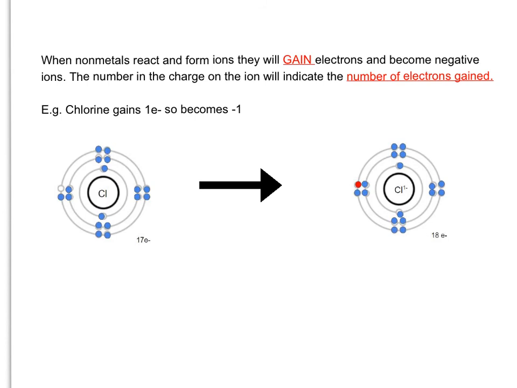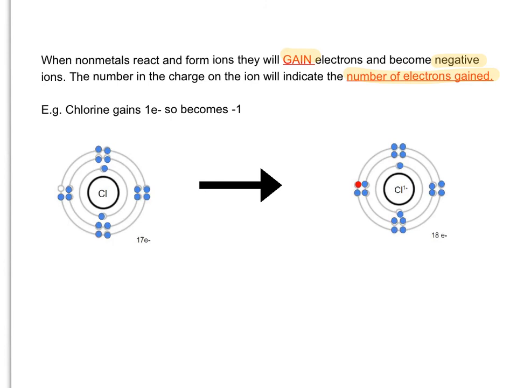Nonmetals also react and form ions, except this time they gain electrons and they become negatively charged. So they're the opposite of the metals. The number in the charge will indicate the number of electrons gained. So chlorine.